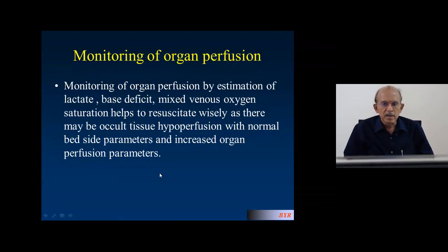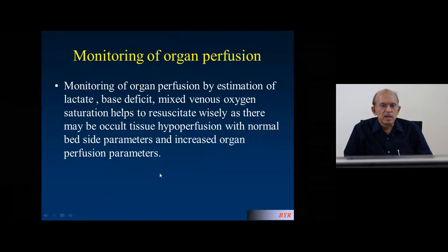The best parameter for organ perfusion is urine output, that is quite agreed. Apart from that, there may be some occult tissue hypoperfusion even with normal urine output and normal bedside parameters. But that occult hypoperfusion of the tissues can be evaluated by estimation of lactate levels and automatically base deficit.